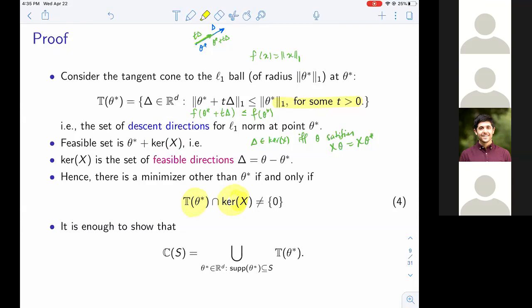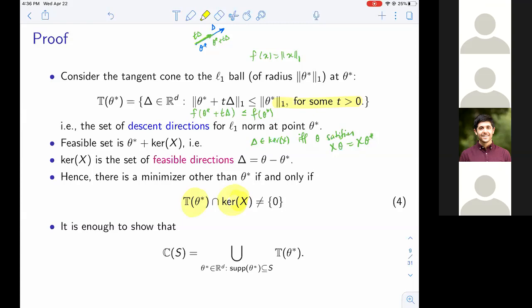Then I can move in that direction a little bit, and I can decrease, or at least not increase, the L1 norm, and so I have something at least as good as theta star, or even better in terms of the L1 norm, and so that violates the uniqueness that we mentioned. Okay, does that make sense?